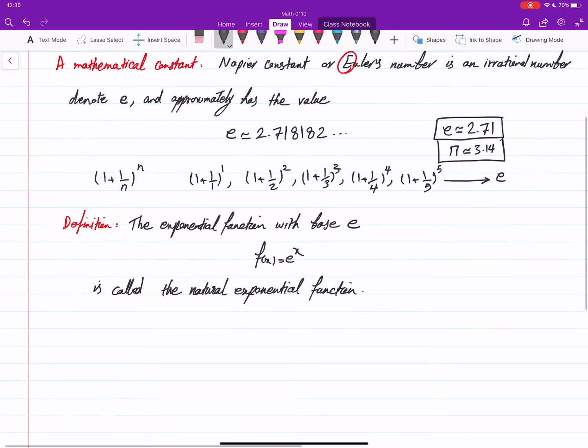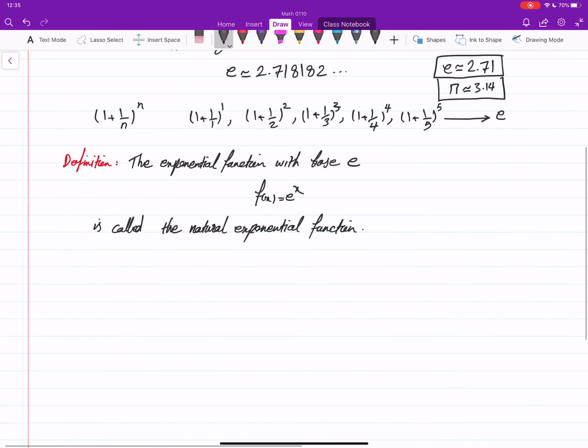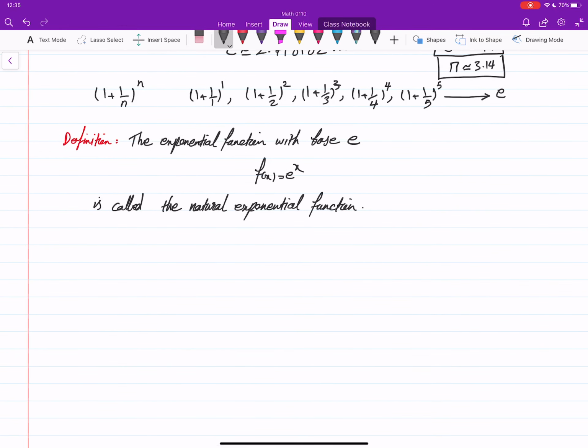The natural one has a reason why we call it that, but you just keep in mind that it is the natural one. And well, the graph of that, because you already know the graphs of exponential functions: since the base e is bigger than 1, its graph is going to be of this form.